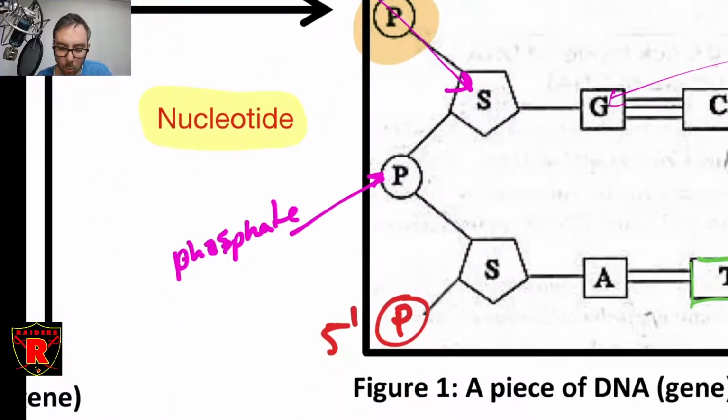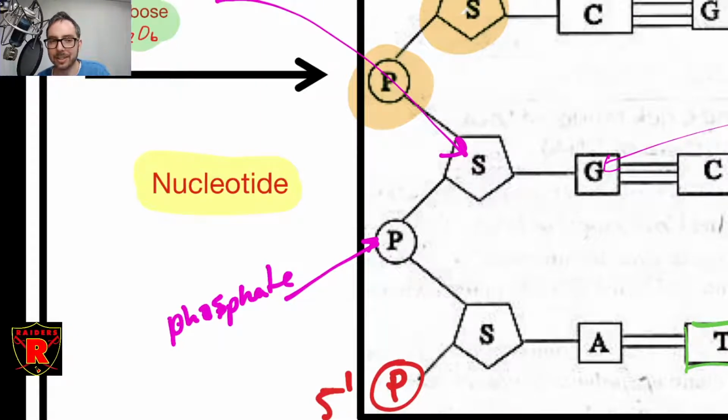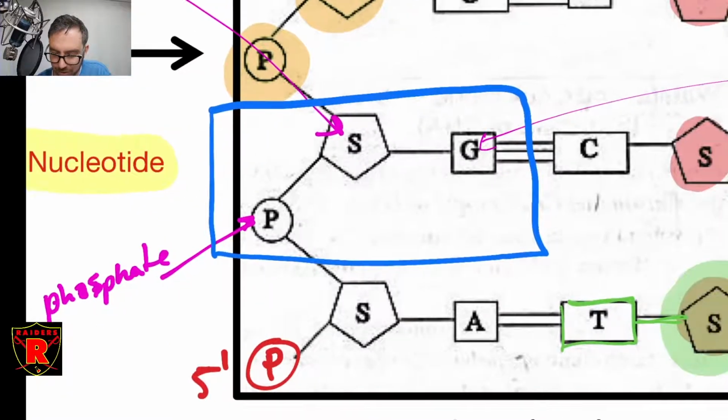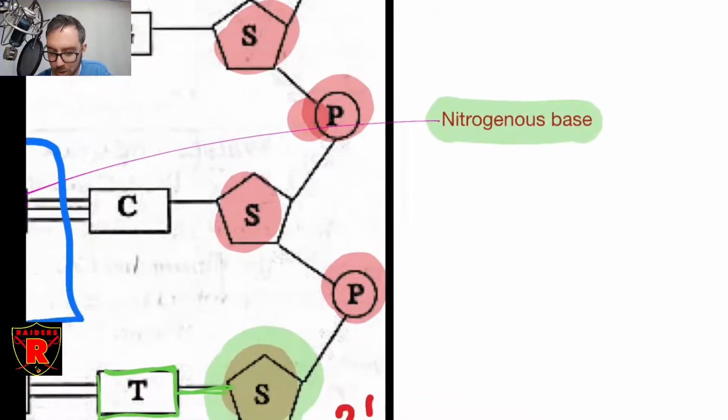When we talk about a nucleotide, now here is a great term to place into your vocabulary list. A nucleotide is one unit of DNA. When I say one unit, actually, let me pick a good color to highlight this. Maybe use blue. It is a sugar, a phosphate, and the letter that you find in the center, which is known as a nitrogenous base.